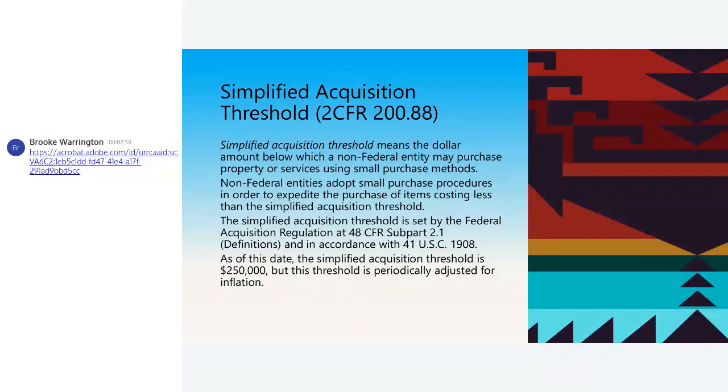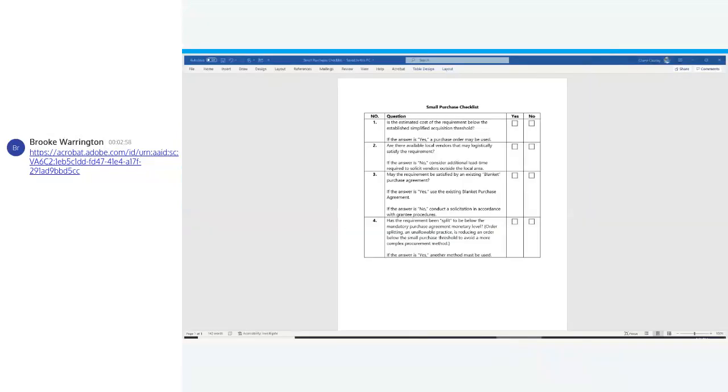As of this date, it's $250,000, unless you go for and meet all of that other criteria, okay? And this threshold is periodically adjusted for inflation, and you'll see it published. That's why it's important to get on Code Talk and check to see all the program guidances and PIH guidances, notices, or PIH and PIHN notices.